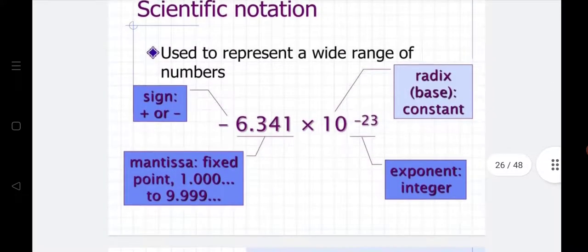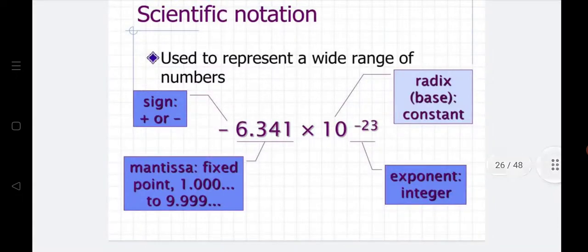Now, when you go with scientific notation, this is widely used. If you see the number printed on the screen, that is minus 6.341 into 10 to the power of minus 23. The minus sign is nothing but your most significant bit symbol.